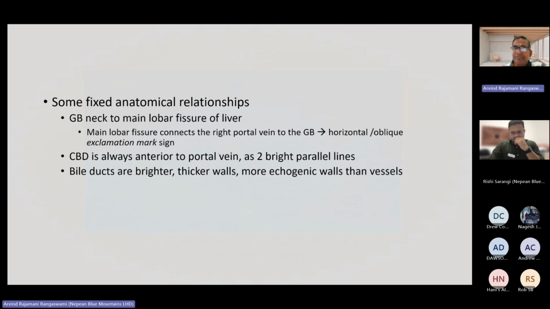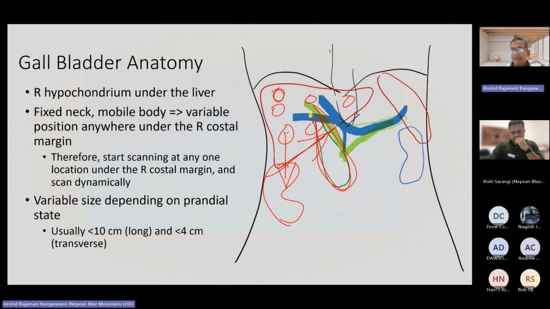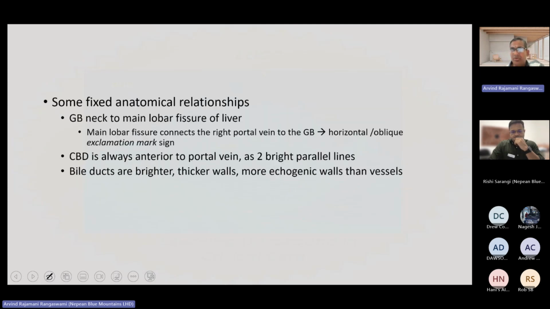Once you identify any part of the gallbladder, the next thing you want to do is to make sure that you identify the fixed part of the gallbladder, which is the neck of the gallbladder, which is here. Okay.